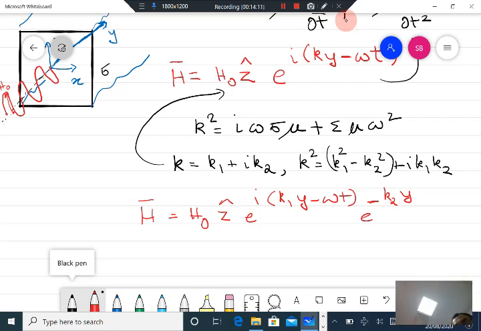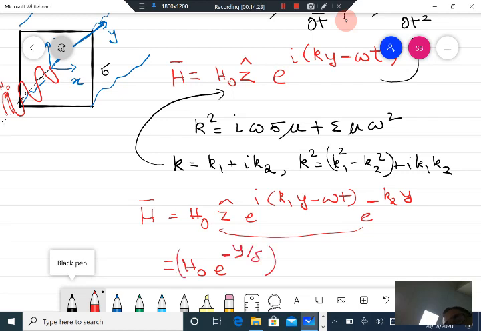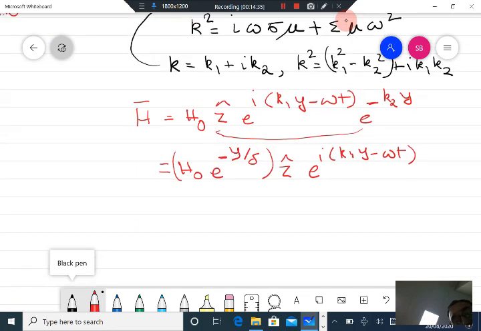So let's look at that here. This is H naught e raised to minus y by delta, so the amplitude is getting damped, and e raised to i(k1 y minus omega t), where delta is called the skin depth.